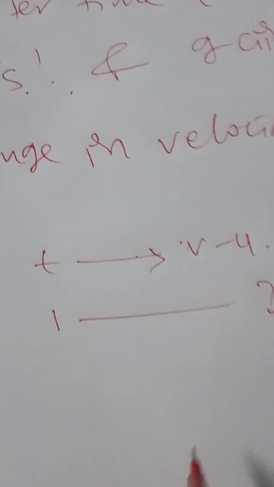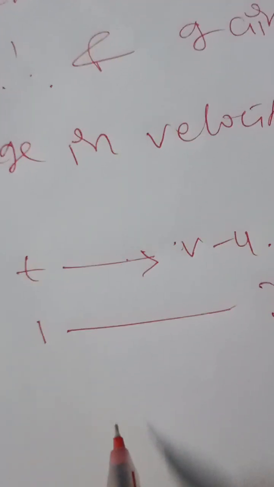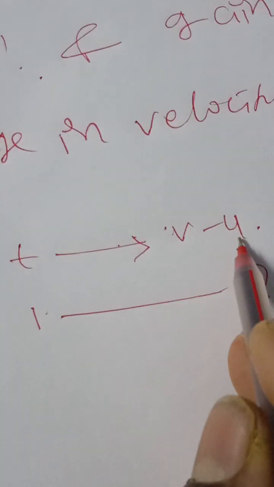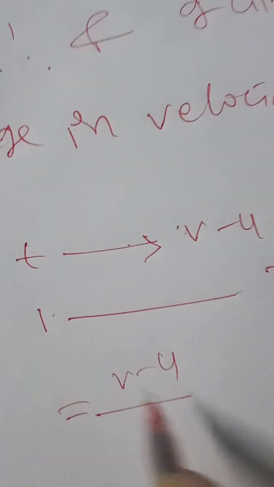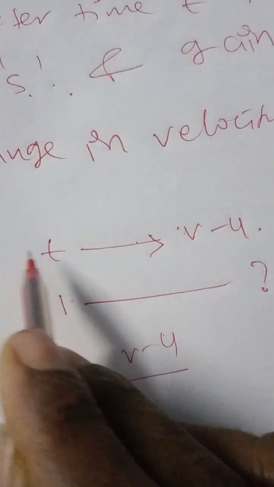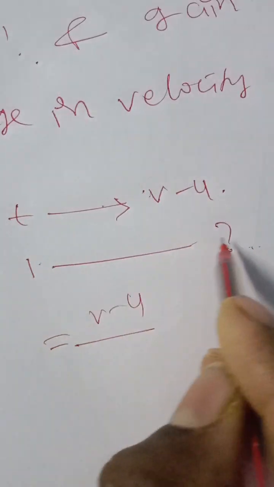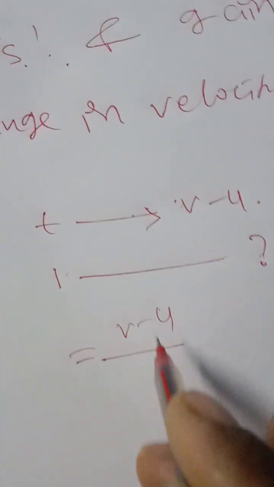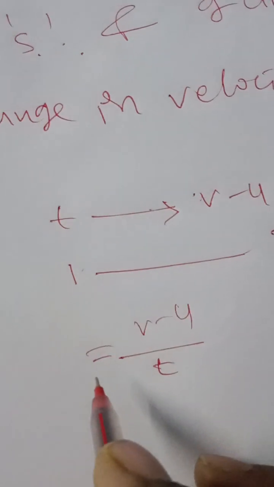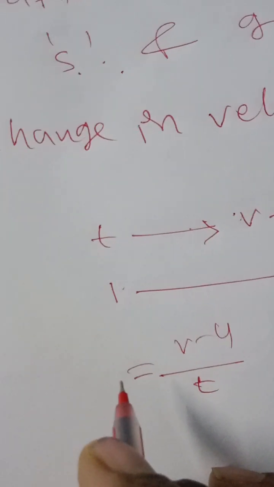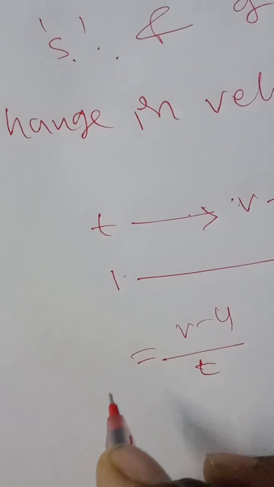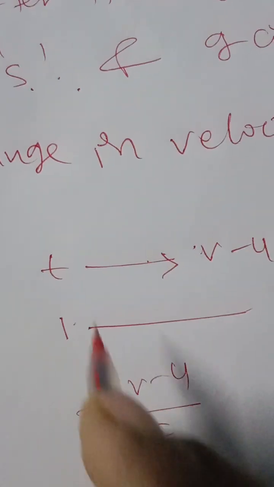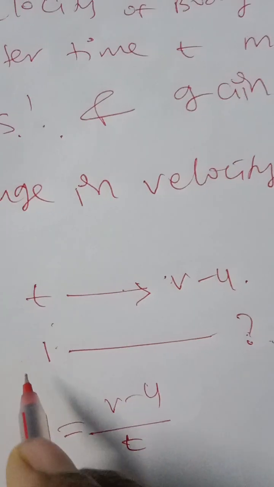Cross multiply: 1 into v minus u means v minus u only, divided by t. This is the change in the velocity per unit time.